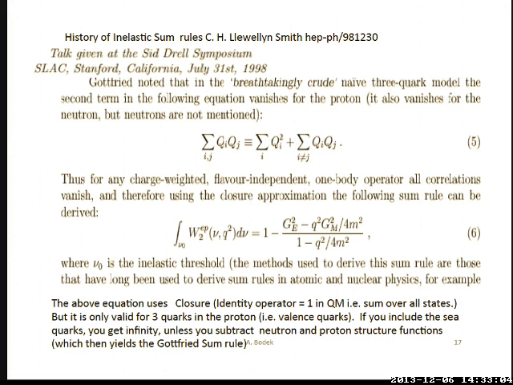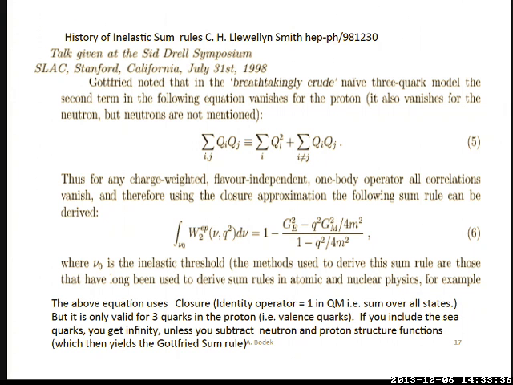He says, Gottfried noted that the breathtaking, crude, naive three-quark quantum model, this is history, so this wasn't like 1967, that by closure of this particular relationship for the operator, the correlations usually, by closure approximation, the correlations vanish, and you get this very nice formula that the integral for W2 EP d nu over q, d nu is 1 minus g, 1 minus the elastic form.